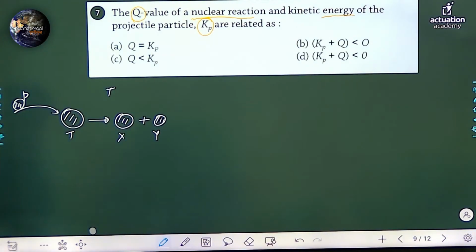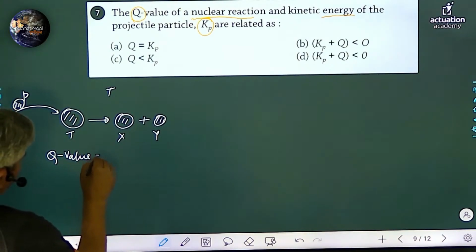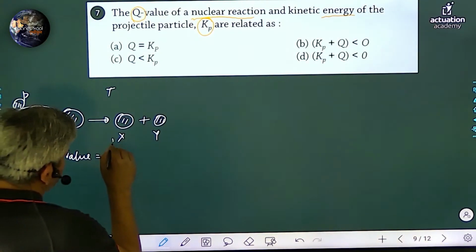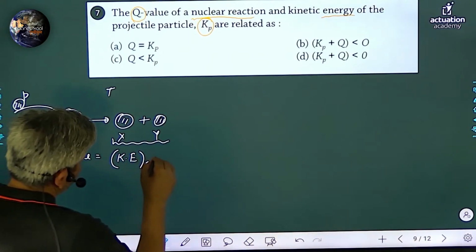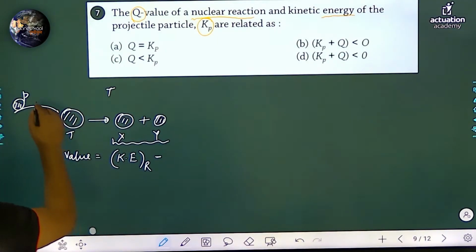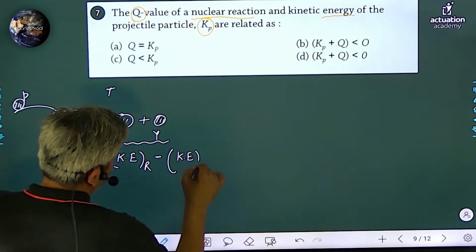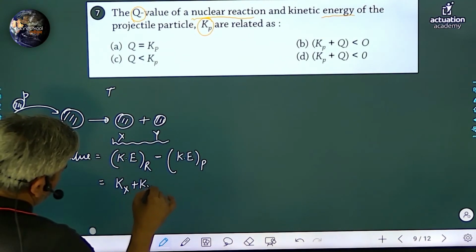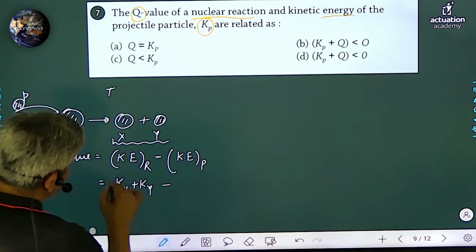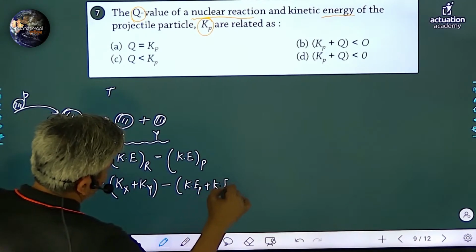So we can easily write down that the Q value of this nuclear reaction is the kinetic energy of the reactants minus the kinetic energy of the product side. This is the kinetic energy of X plus kinetic energy of Y minus the kinetic energy of the projectile plus kinetic energy of the target.